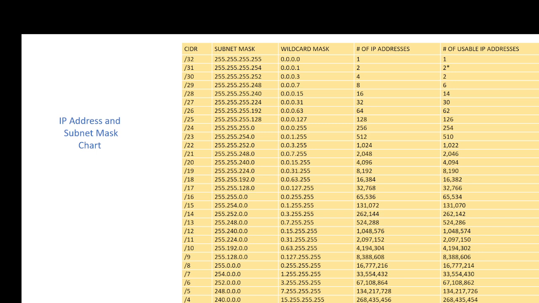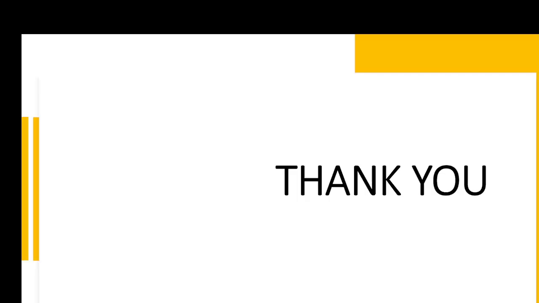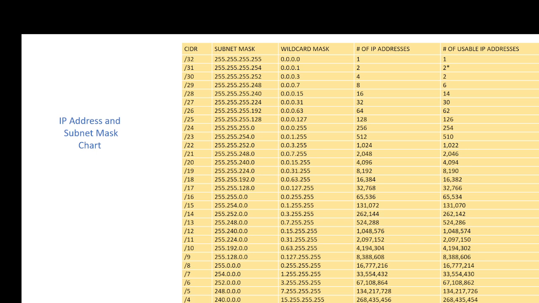See, a 32-bit address space means maximum you will have this many IP addresses: 4,294,967,296, about 429 crores of IP addresses.